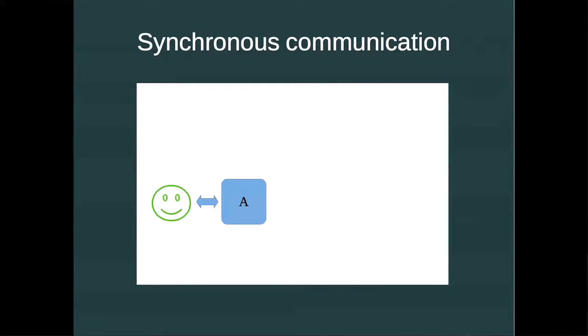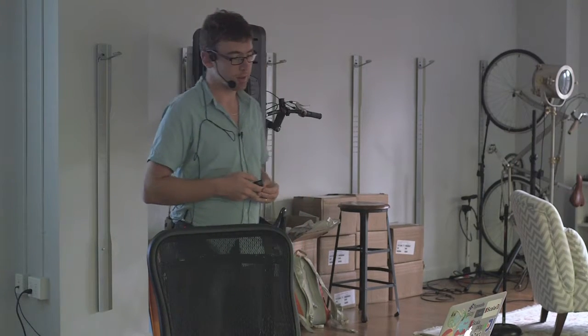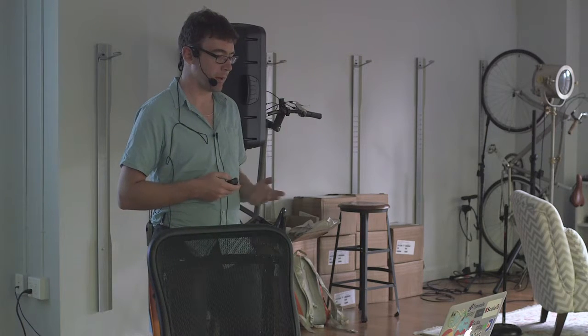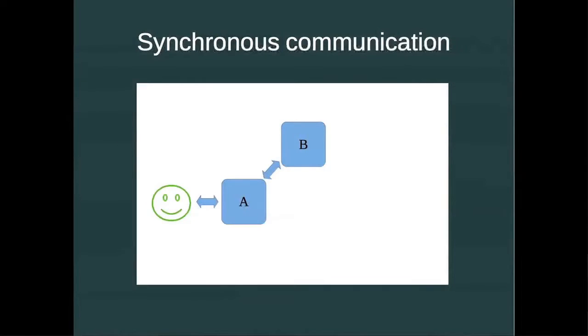Now, service A actually doesn't have all the data it needs to fulfill this request that has been made on it. So it might have to call out to service B, making a synchronous request. So the request goes into A, and then another request goes to B. It processes something and sends a response back to A, and then A can send the response.